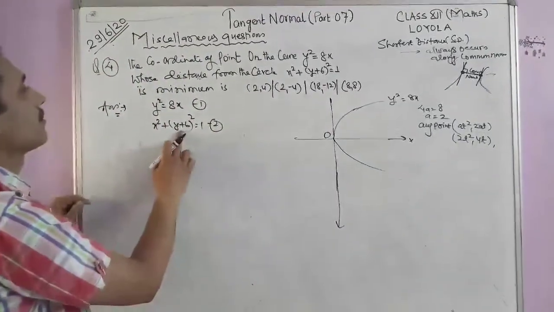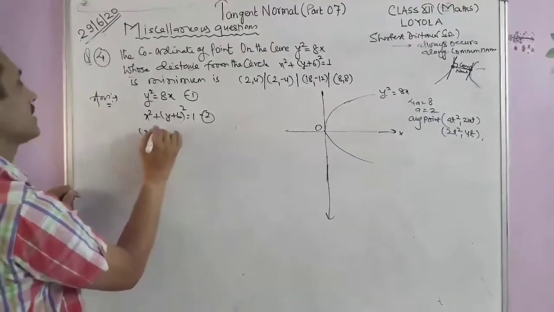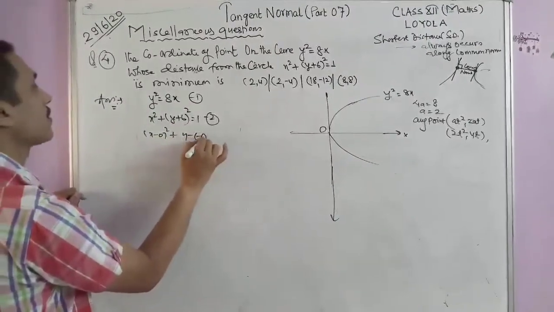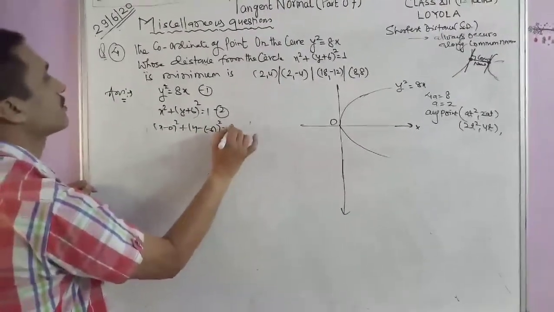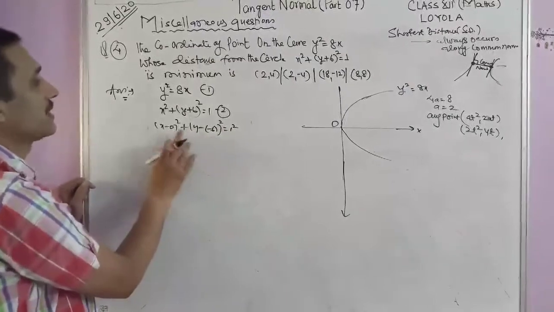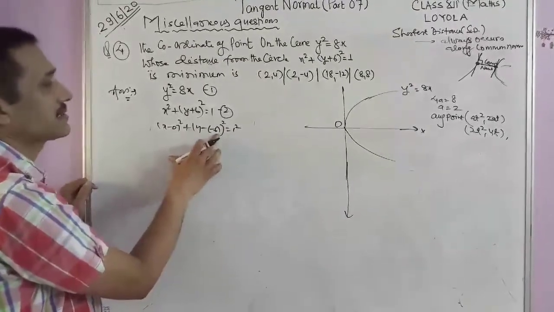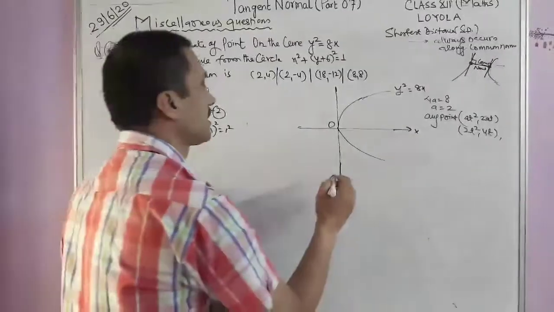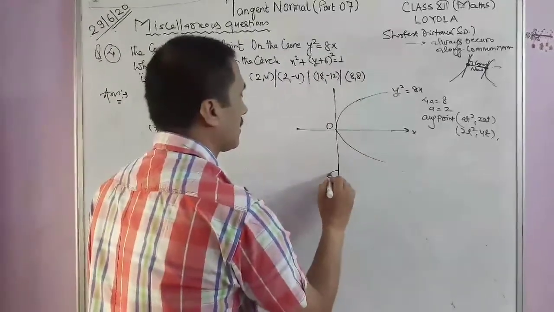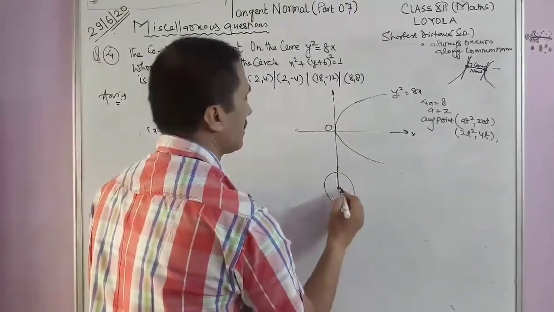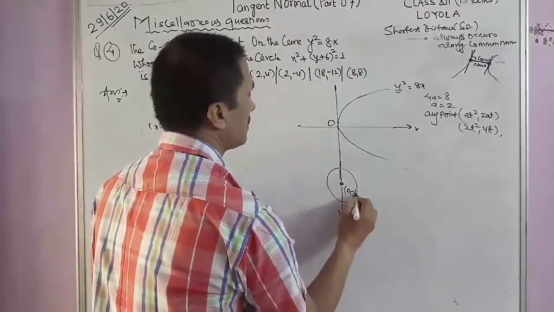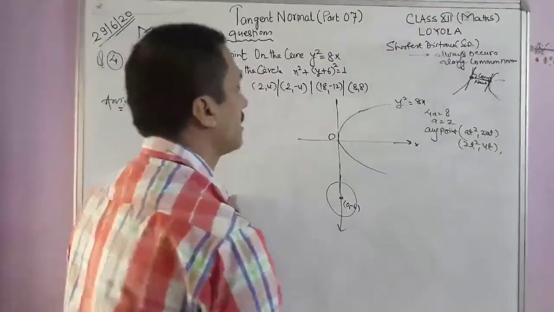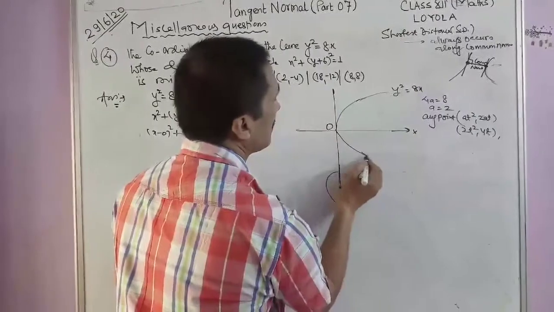x square plus (y plus 6) whole square, that is (x minus 0) whole square plus (y minus of minus 6) whole square equal to 1 square. This is the equation of a circle centered at (0, minus 6) and radius 1. Here the circle has center (0, minus 6) and radius 1 unit.